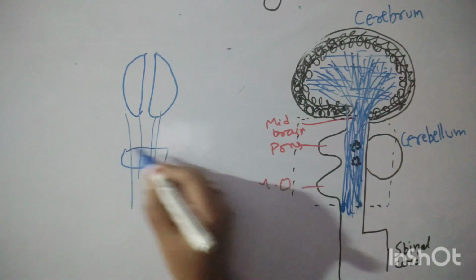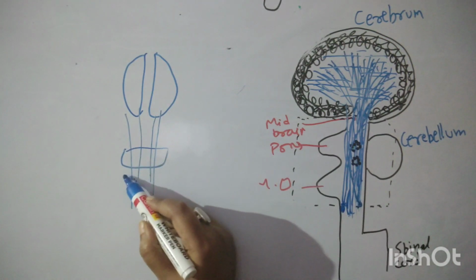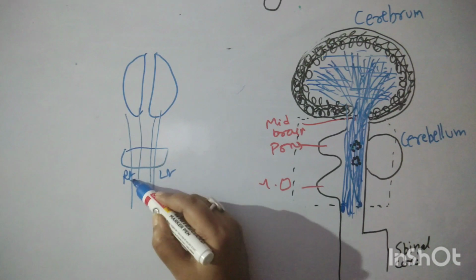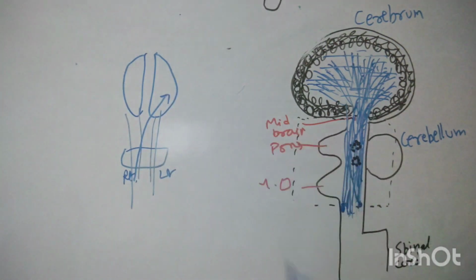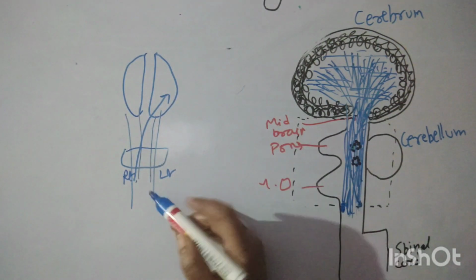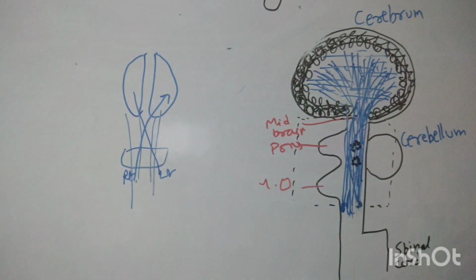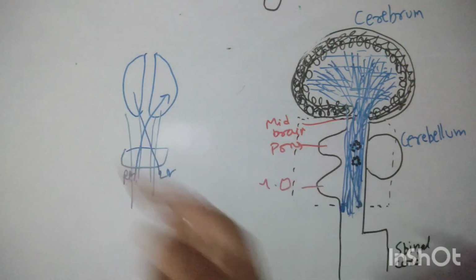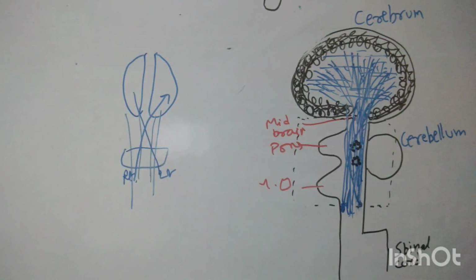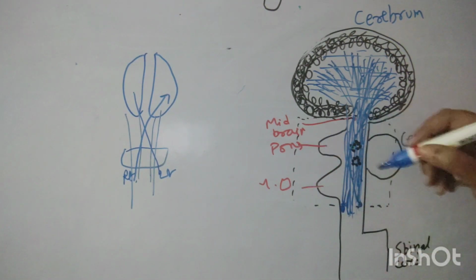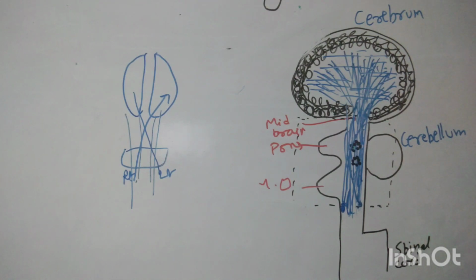Here they will cross. From the right side, the fibers will go to the left hemisphere, and the left fibers will go to the right. So when there is paralysis, say the brain's right part is affected, then which part of the body will be paralyzed? The left part. Here in the midbrain the crossing of these fibers takes place.